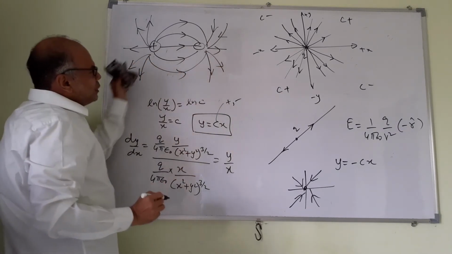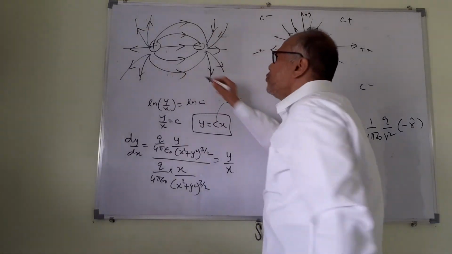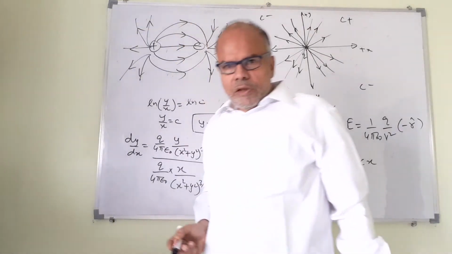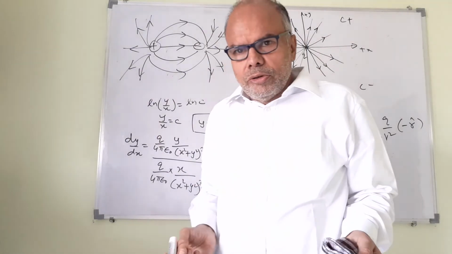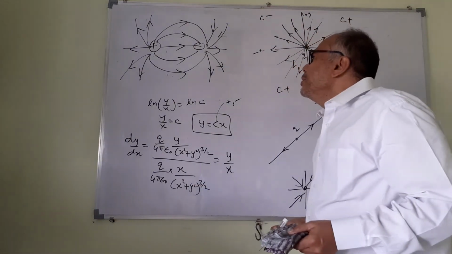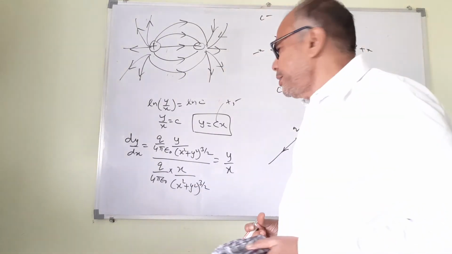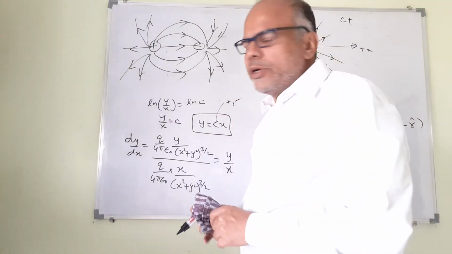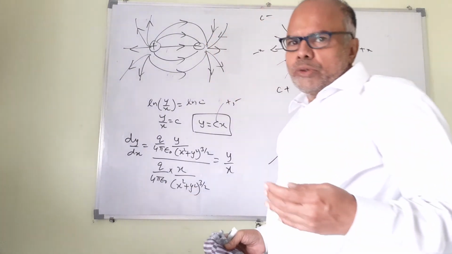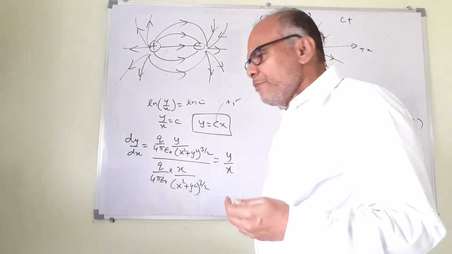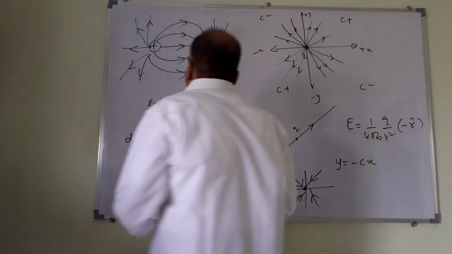We can find the equation of each of these lines of force. Well, we need a high-speed computer to do it. Yes, the equations are a bit complicated. That's why we took a simple case of a point charge just to show you the method. It can be done in any situation.